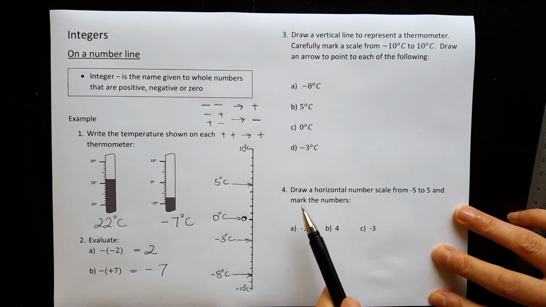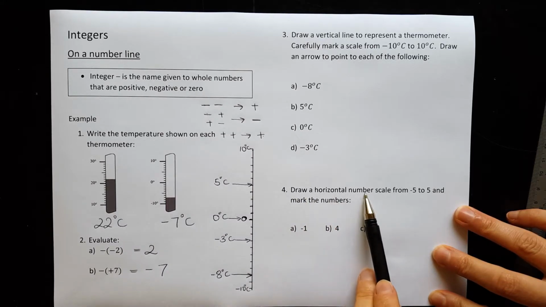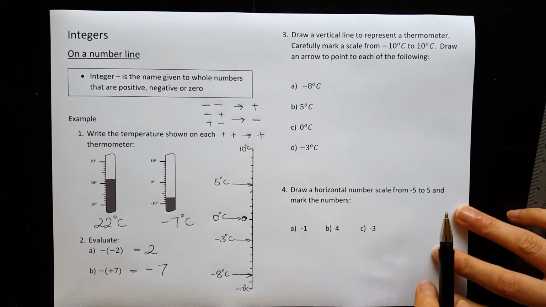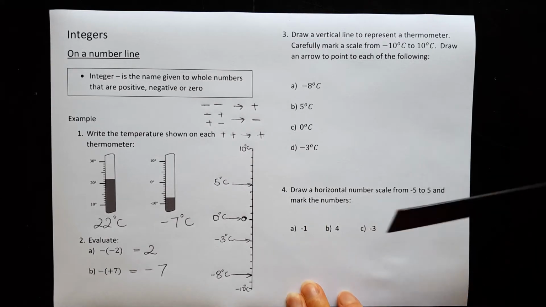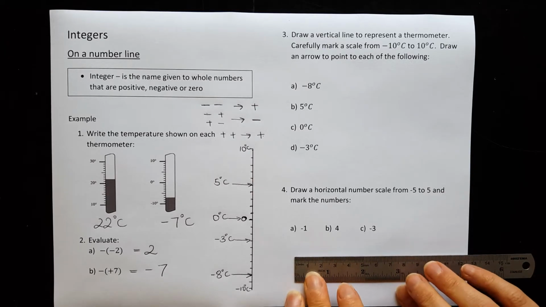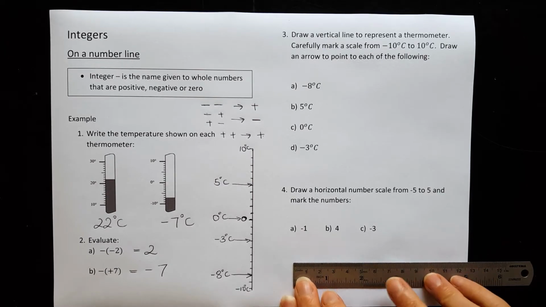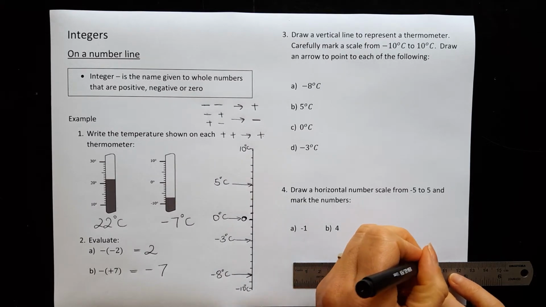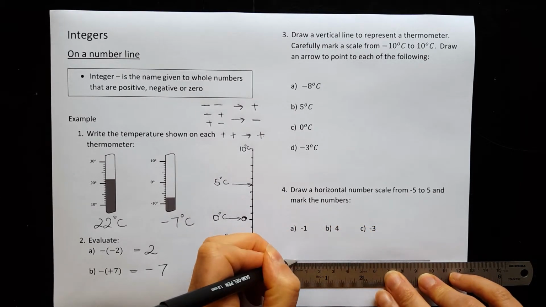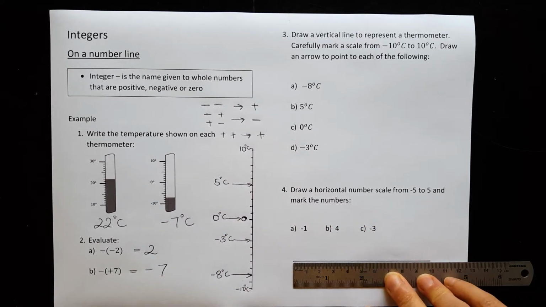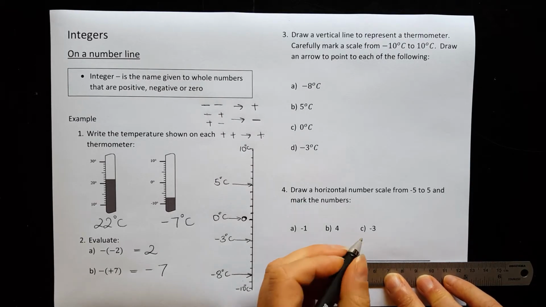In question 4, it says to draw a horizontal number scale from -5 to 5 and mark the numbers. Horizontal is this direction. This time we want to go from -5 to 5. So I can still draw my line 10 centimeters long, and that will mean that each centimeter can be one number.